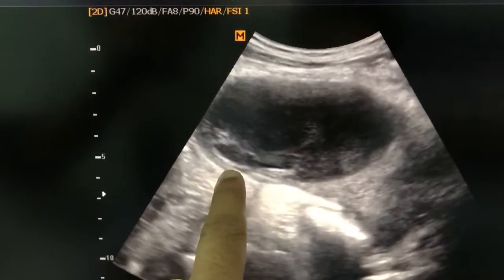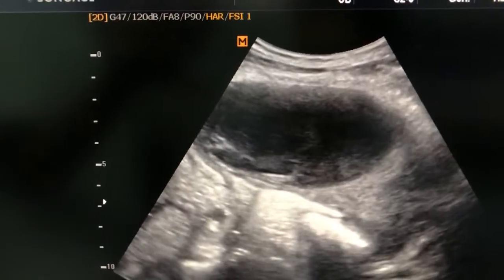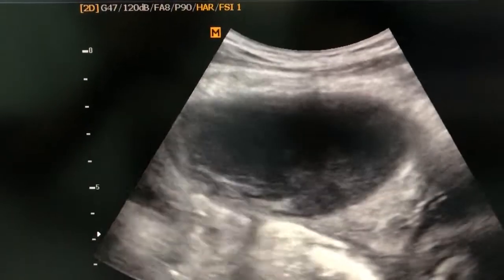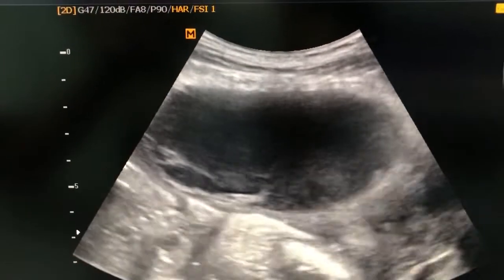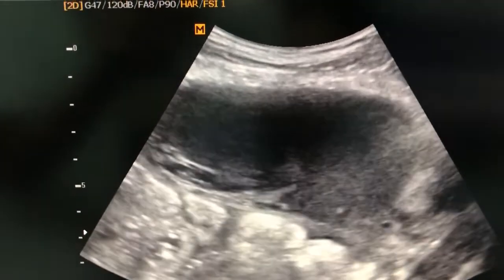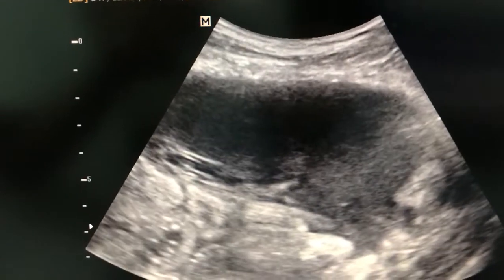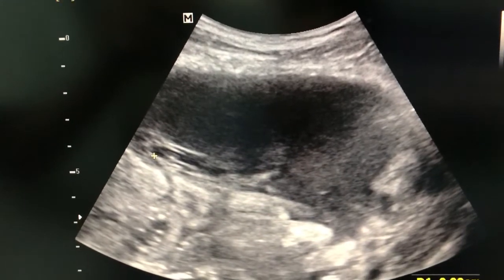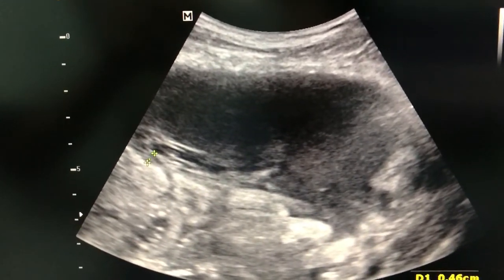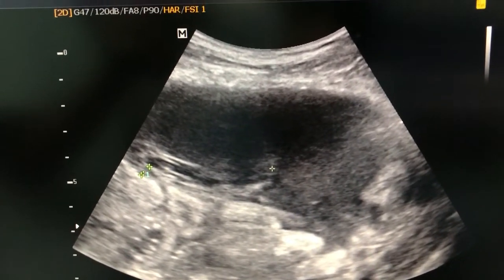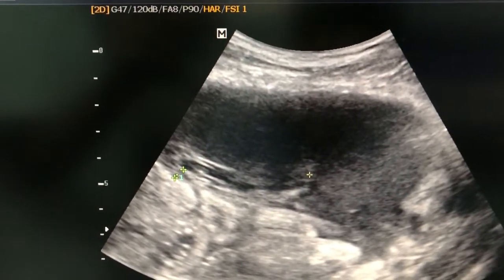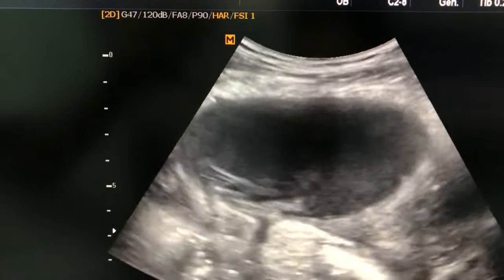You can see here this cyst wall has become thickened, and the thickened wall is the sign of the torsion due to the edema. Normally the cyst wall is not more than 1 mm, but here if we measure, it is 4.6 mm, almost half a centimeter.